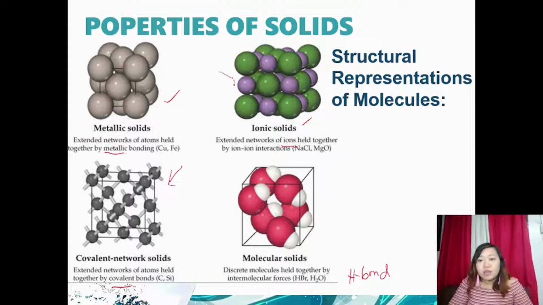In the ionic solid, it is very rigid, and you can see the arrangement of positive and negative charges. And then for metallic solids, these are arranged in a certain manner, such as cubic, simple, and body-centered.